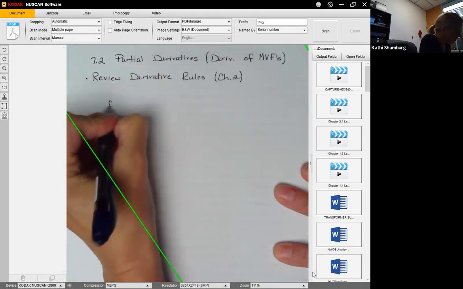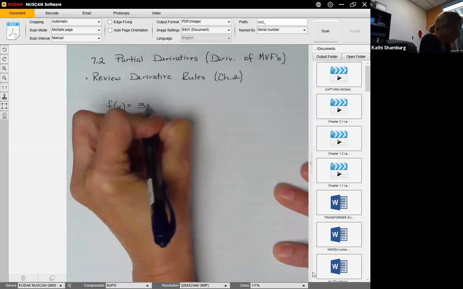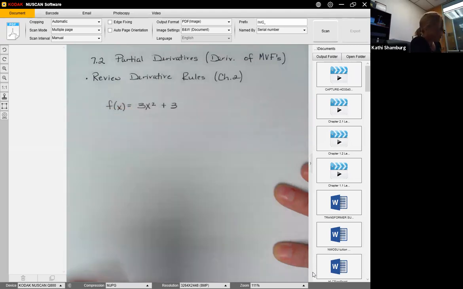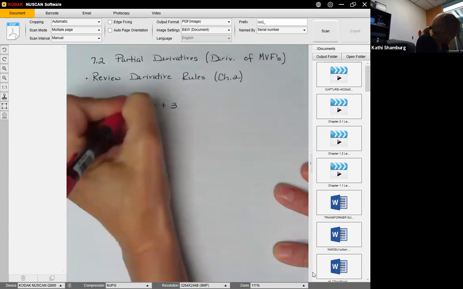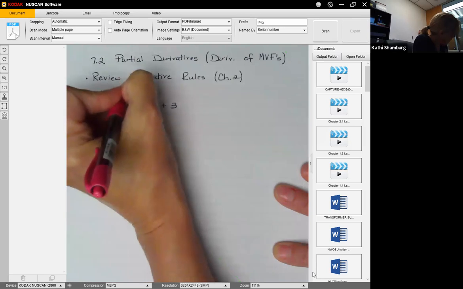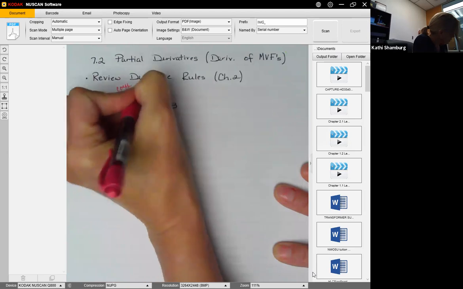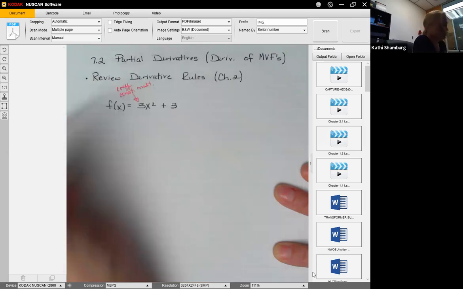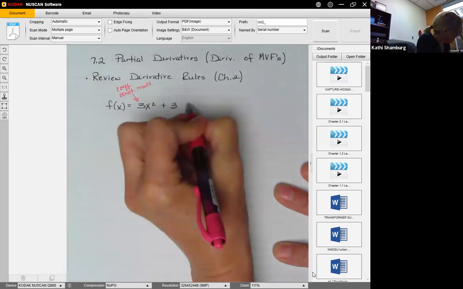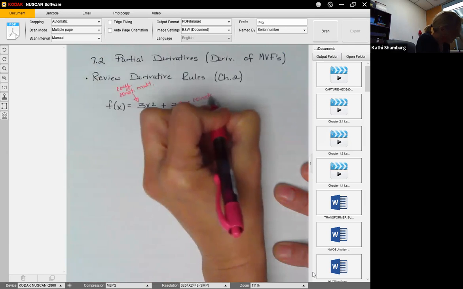So if we have the function f of x equals 3x squared plus 3, what I want to remind you of is that this 3 is a coefficient, constant multiple, and this 3 is just a constant.